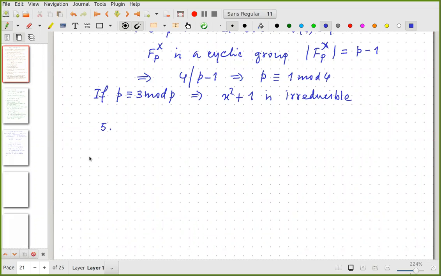So now the polynomial is x square plus x plus 1, or let's write it in the ring Fp[x].